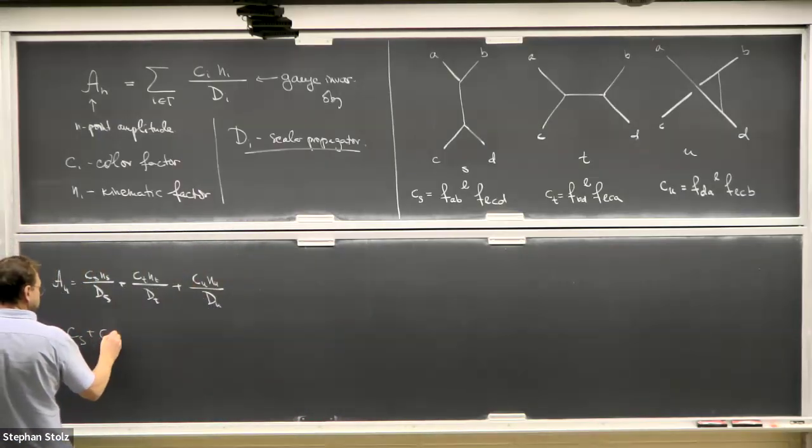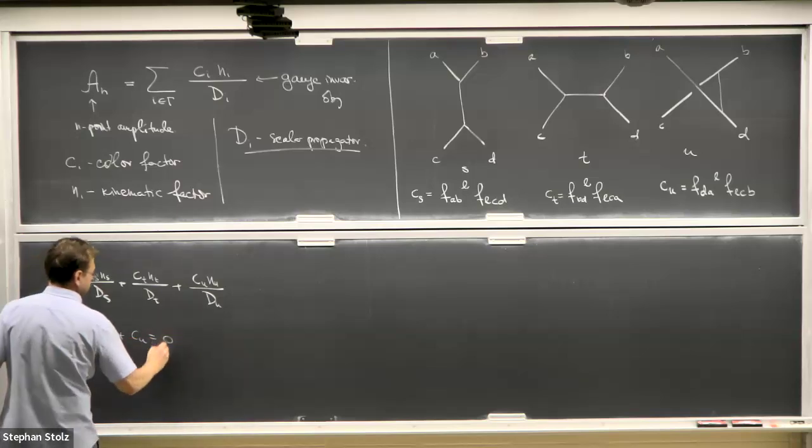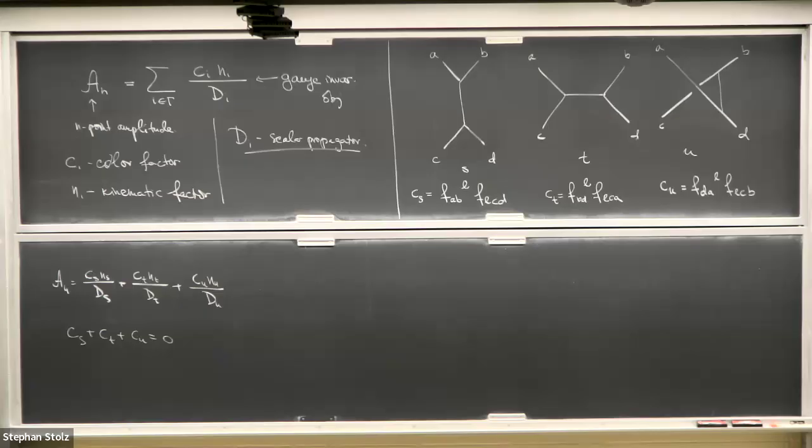So this guy plus this guy plus this guy is equal to zero. Okay.